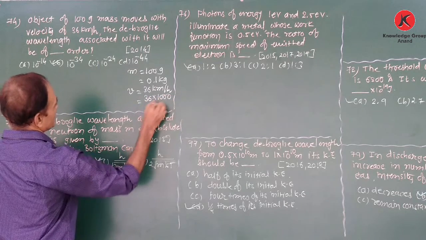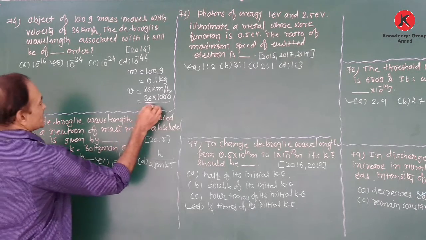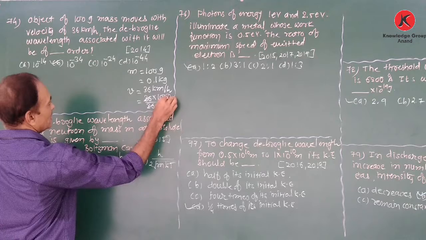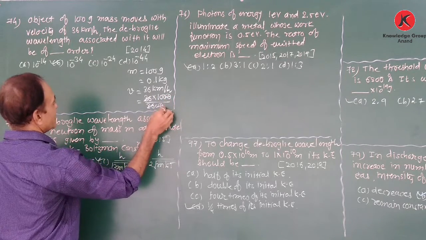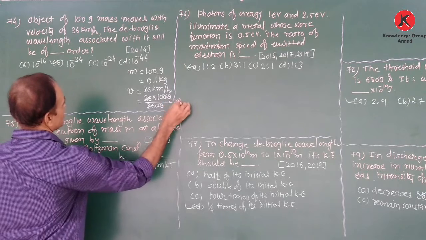36,000 meter upon 1 hour, which is equal to 3600 seconds. Therefore 36 cancels, that cancels, therefore 10 meter per second.